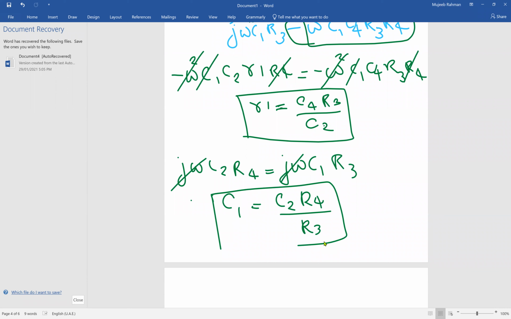So this is the C1 value. From these equations you can see that the equations for R1 and C1 are independent. R1 is calculated based on C4, C2, and R3. C1 is calculated based on C2, R4, and R3.